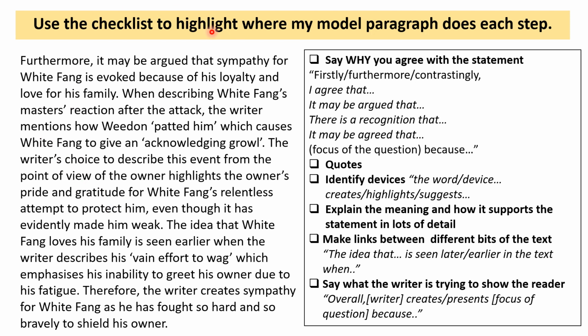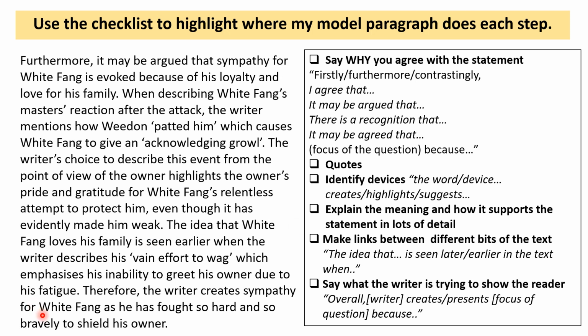I'm still arguing that this section of the text makes me feel sympathy for White Fang. So pause the video, go to Question 4 Model, and highlight and match these up. Okay, if you're back, that means that you've got these highlighted and matched up. So let's go through it quickly together.